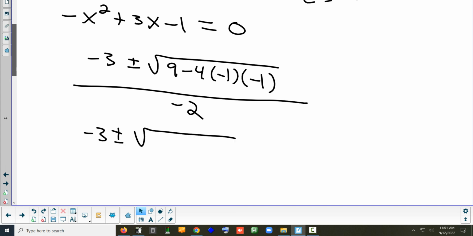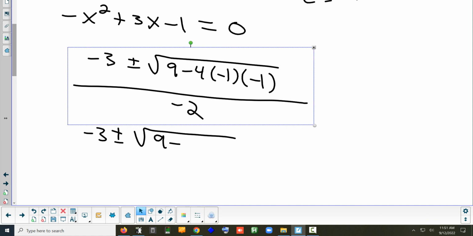Negative 3 plus or minus... And we're going to have, well, first of all, what's negative 1 times negative 1? 1 times 4. So it's 9 minus 4 over negative 2.